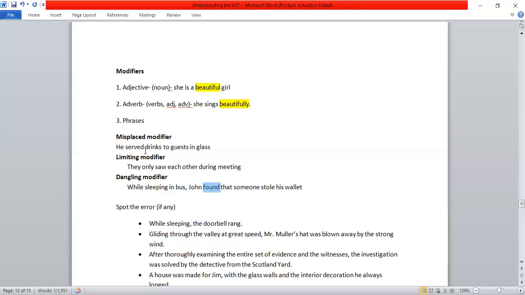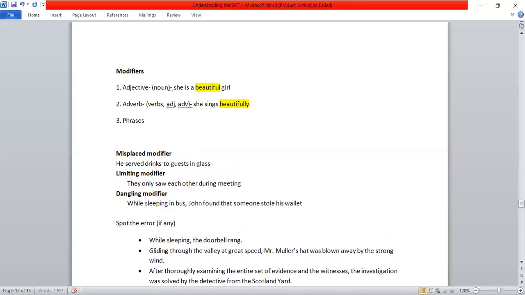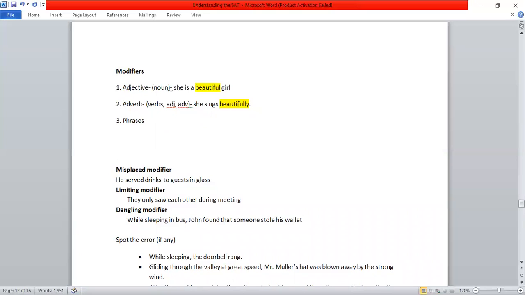Misplaced modifier is comparatively easy. In this case, my subject exists. My modifier also exists, but they're not next to each other. So basically what you have to remember is that when you solve a modifier question, you need to know step 1, let me find the modifier. So you find where is the modifier.